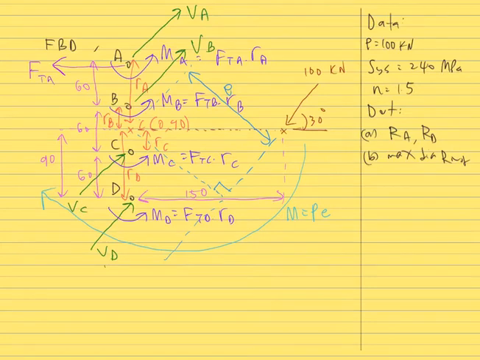Next, we will determine the direction of the tangential force for rivet D. So for rivet D, the tangential force will act on the right side, which follows the direction of the resisting moment at rivet D, clockwise. So this is our direction of tangential force for rivet D, FTD.